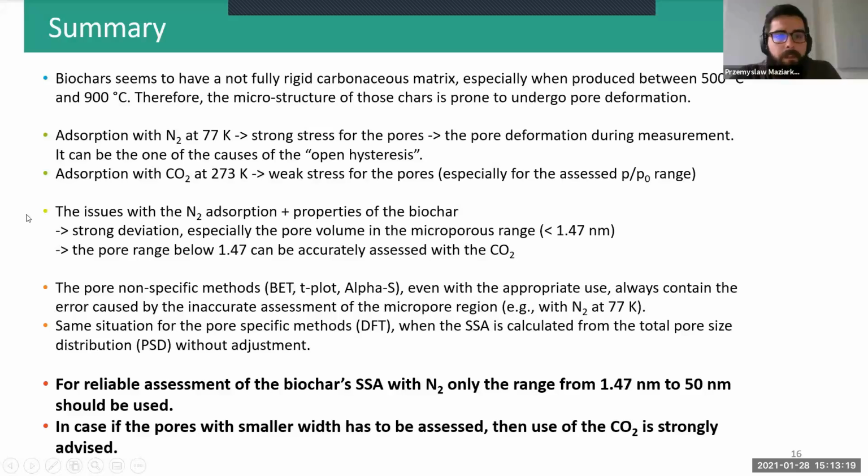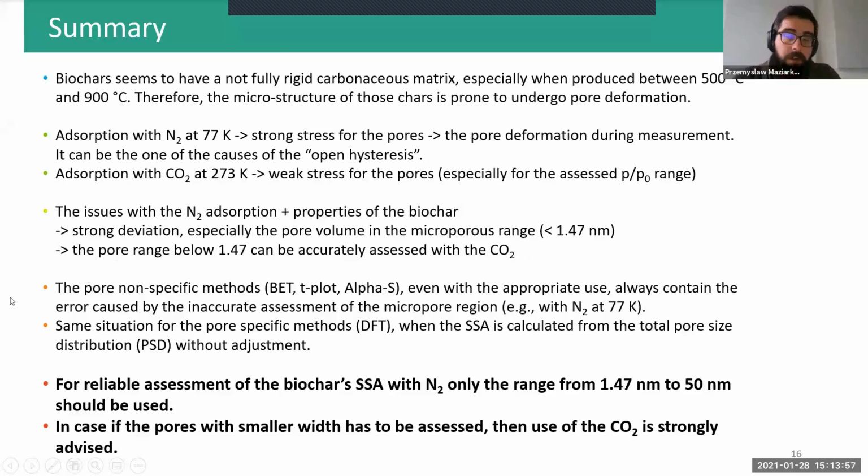In general, due to those issues, the data from the nitrogen adsorption should be used for the whole pore size distribution. The data regarding the pores lower than 1.47 nanometer should not be used, because they can be strongly biased or strongly errored. And if there is a possibility, that range should be assessed by carbon dioxide.